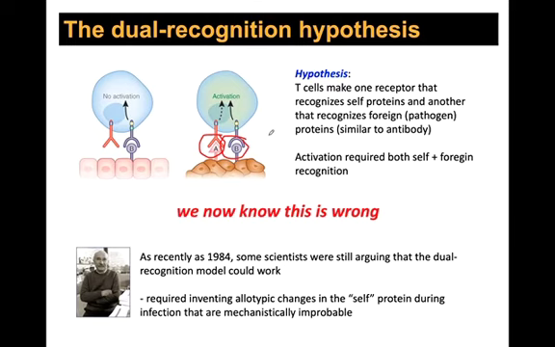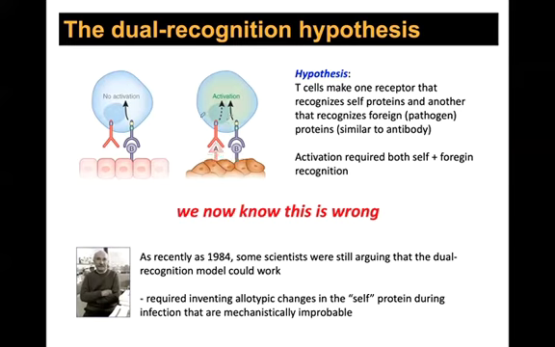But even up until the mid-80s, some scientists were still arguing that this could work, and with the accumulating evidence, it became harder and harder to explain how that might actually work. Part of that is that it required changes in the self-MHC protein to make this a feasible hypothesis.